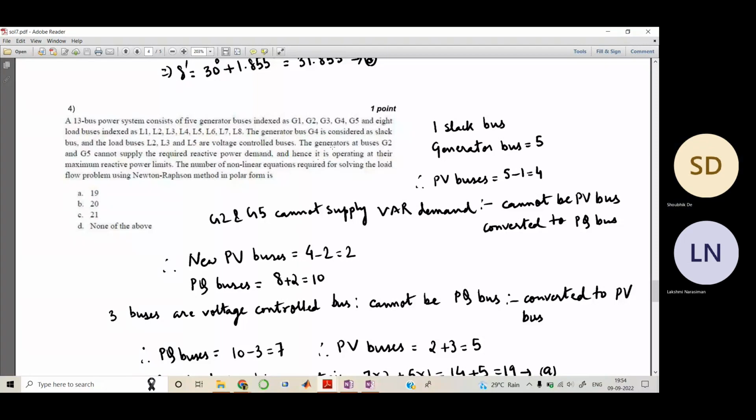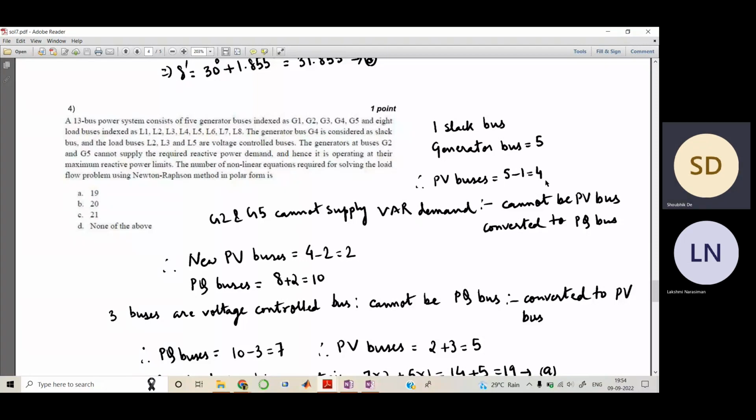The next statement says the generators at buses G2 and G5 cannot supply the required reactive power, and hence operate at their maximum reactive limit. When this kind of statement is made, since G2 and G5 cannot supply the required VAR demand, they have to be converted to PQ bus. They have to be treated as load buses. So this is the convention.